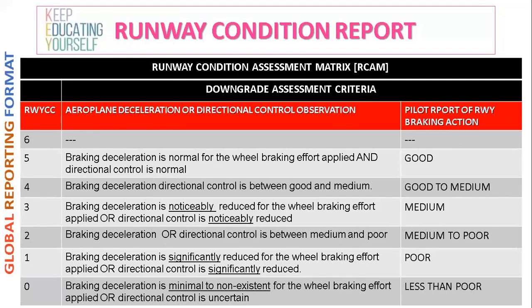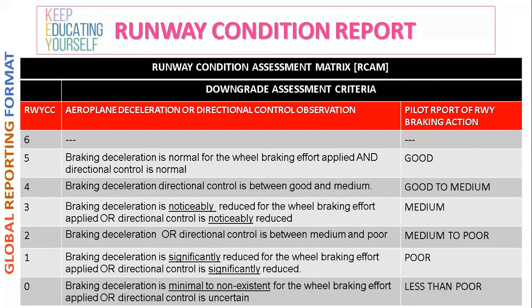Now, this you have to remember. This is the Runway Condition Assessment Matrix, RCAM. Now, if a pilot reports that braking action is not as good as reported, he has to use some phrases. These phrases are now standard. Suppose braking action reported in the runway condition report is medium, and the pilot is saying that braking action is not as good as reported.